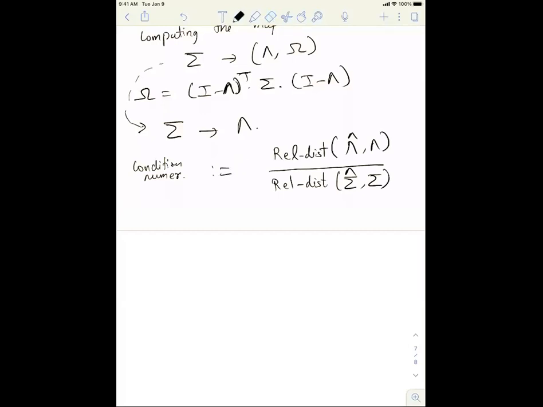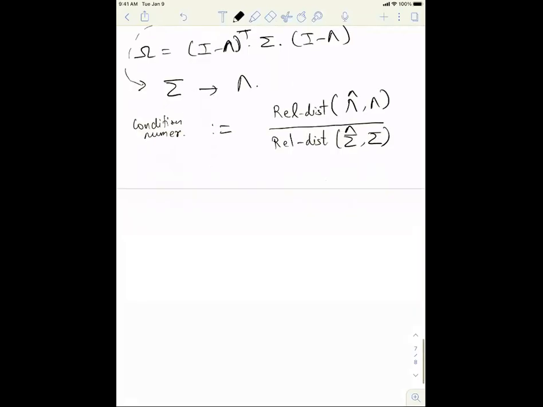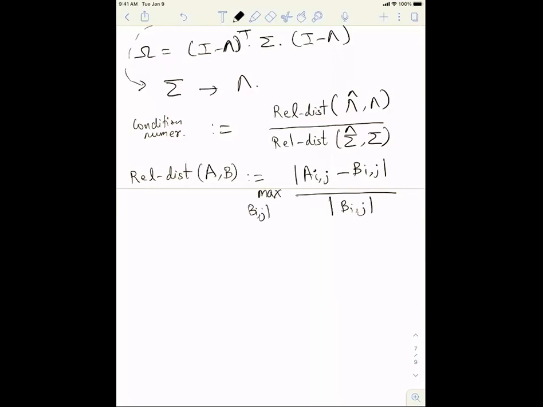Now there are a bunch of terms I need to define. What is relative distance? The relative distance between two matrices, A and B, is defined as follows: look at each of the entries in A and B, and look at this particular value, and then just take the max over all ij where Bij is not equal to 0.